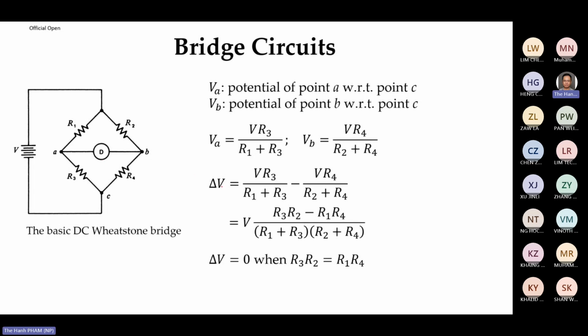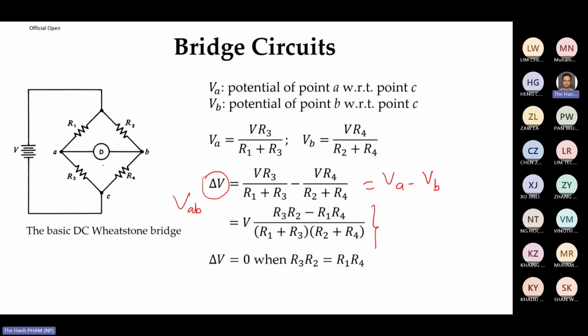The delta V here is nothing but just VAB. To determine VA and VB is nothing but just the voltage divider rule. And to determine VAB, you just take VA minus VB. Once you have this, then this is a formula.